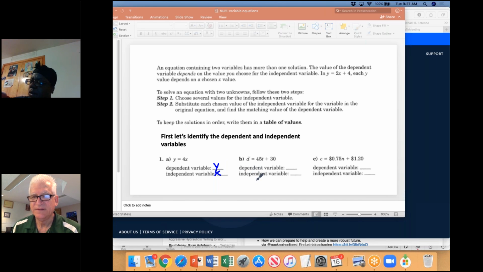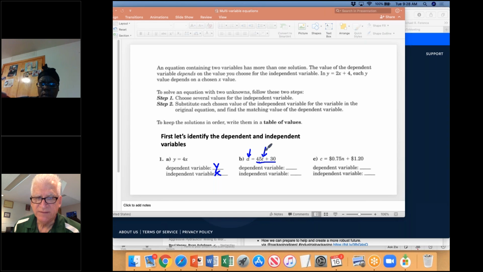Okay, so then moving on to B, instead of x and y, we have d and t. So the side of the equation that has a function, which is 45t plus 30, you can put any amount you want in for t, and when you do, you'll get an amount out for d. So d is dependent upon what you put in for t.